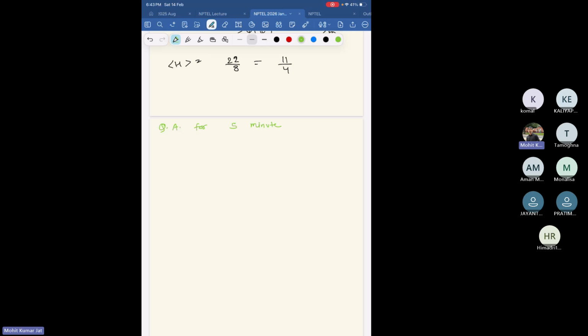So the next question we have is: let's say your particle is confined in a 1D box, and now you double the length of your box.